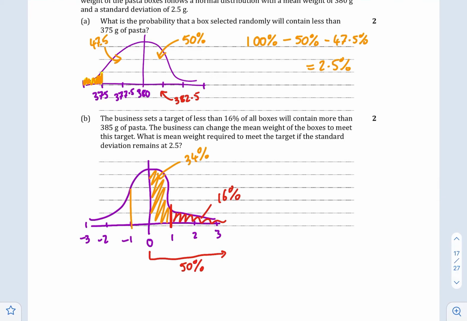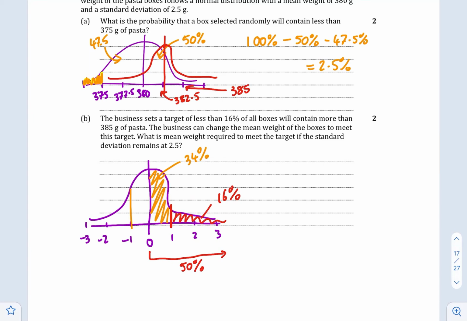So effectively everything's going to move up. If you see it with the red up here, we've now got a new graph where 382.5 is there, and now at this new space here, that's 385, which then will work with the 16%.